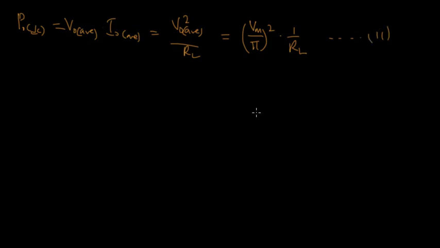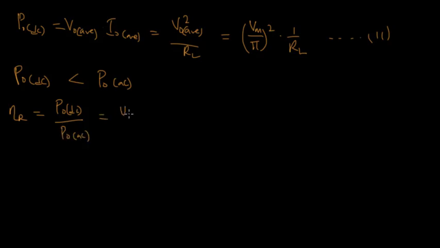P out DC is usually smaller than the P out AC, since the RMS values are larger than the average DC value. So let us look at the rectification efficiency. The rectification efficiency will be given as the output DC power over the output AC power.